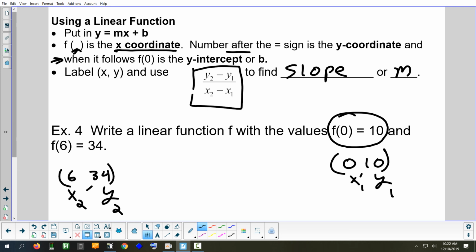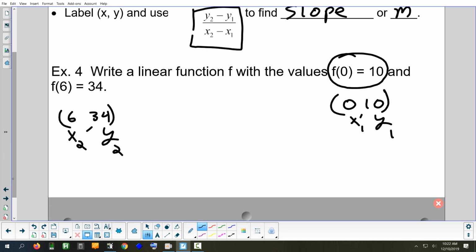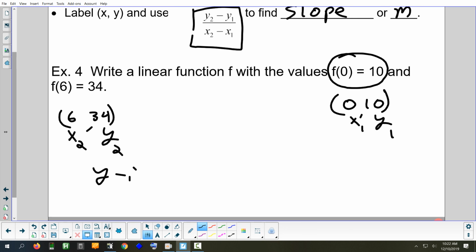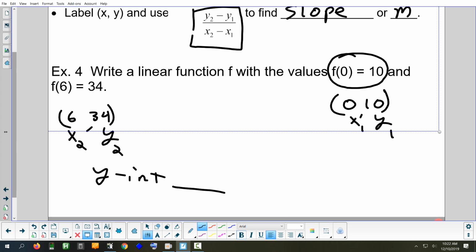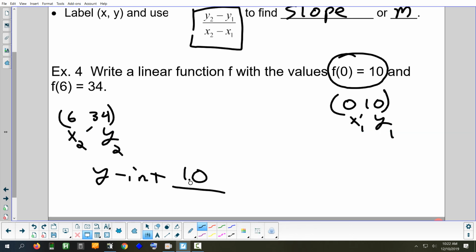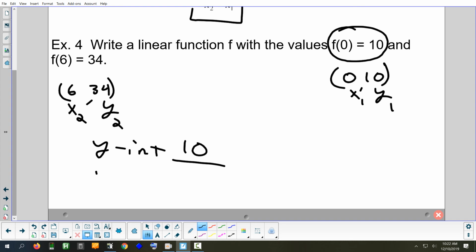All right. Now, let's find our y-intercept. Who can tell me the y-intercept? Yep. It's 10. It's the number after the equal sign with the 0. There's your y-intercept. Now let's do our slope.